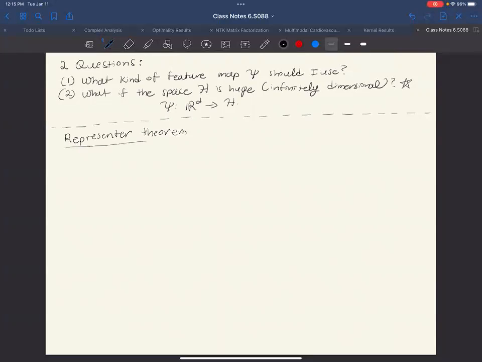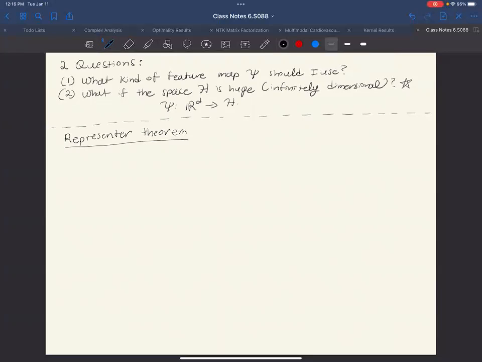Just keep in mind, all of this analysis is just to understand how to do linear regression when this space H is huge. If H is not a huge space, if H is like R^(d+1), you could just use linear regression, the standard thing we did in the first lecture, and you're good to go. In fact, if it's finite dimensional and not very large, you can always do this. So the key will be figuring this out for a large space.